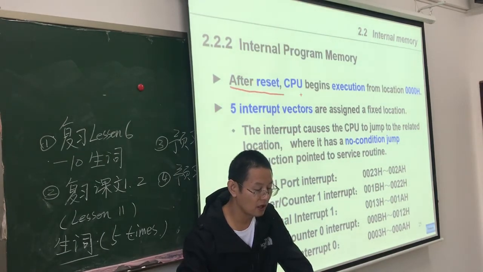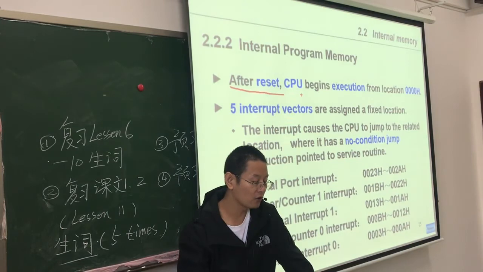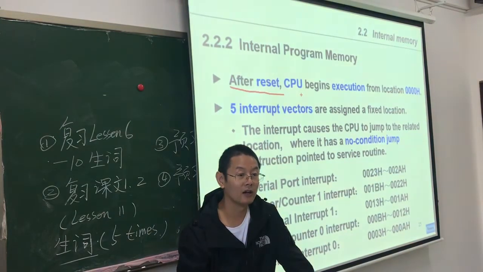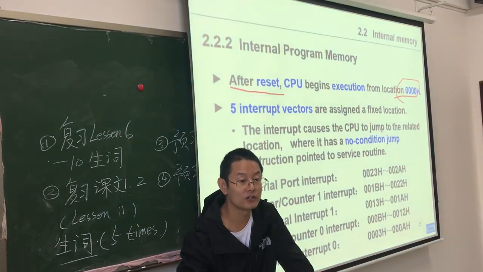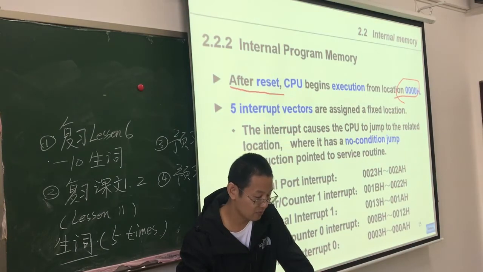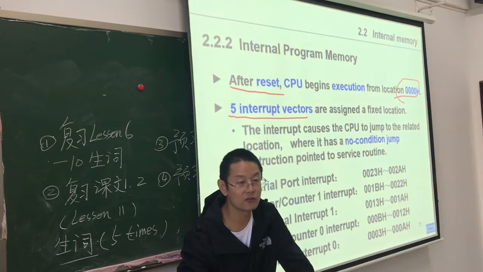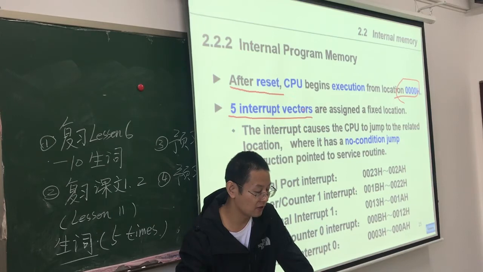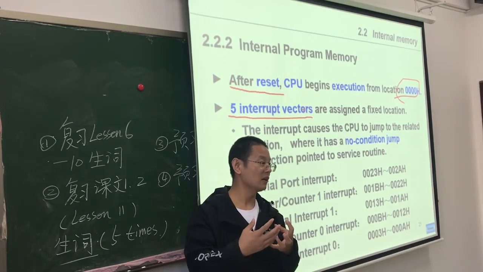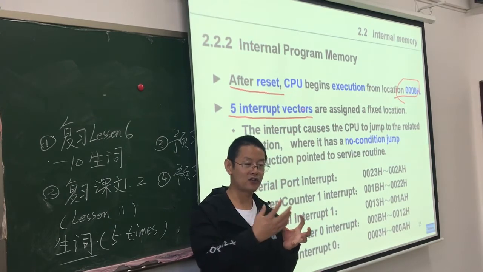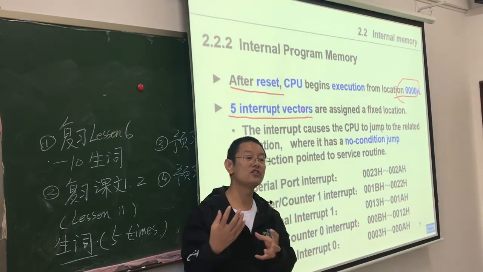This means if you power on your microcontroller, the CPU begins from location 0000H. But the five interrupt vectors store the jump destinations.